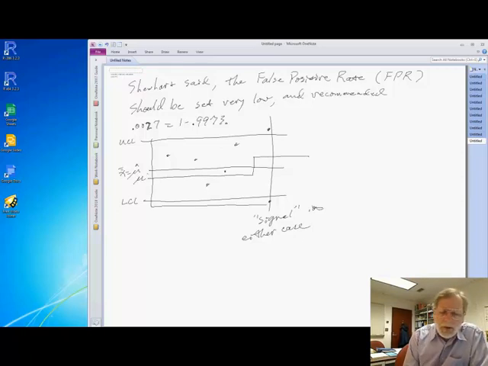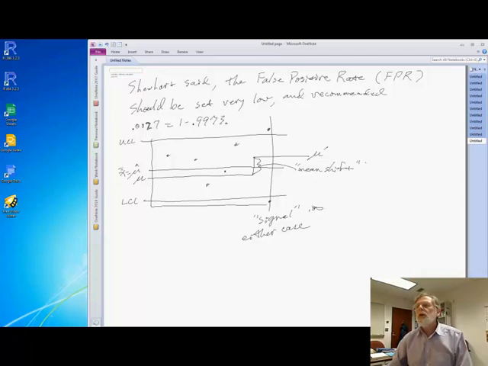Here's the original mu, and then here's mu prime, and this is a so-called mean shift.